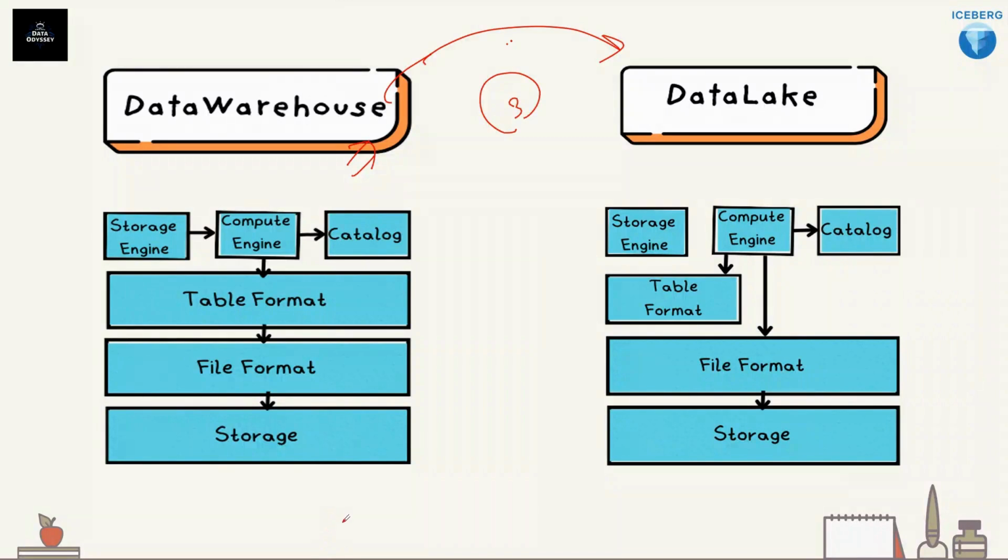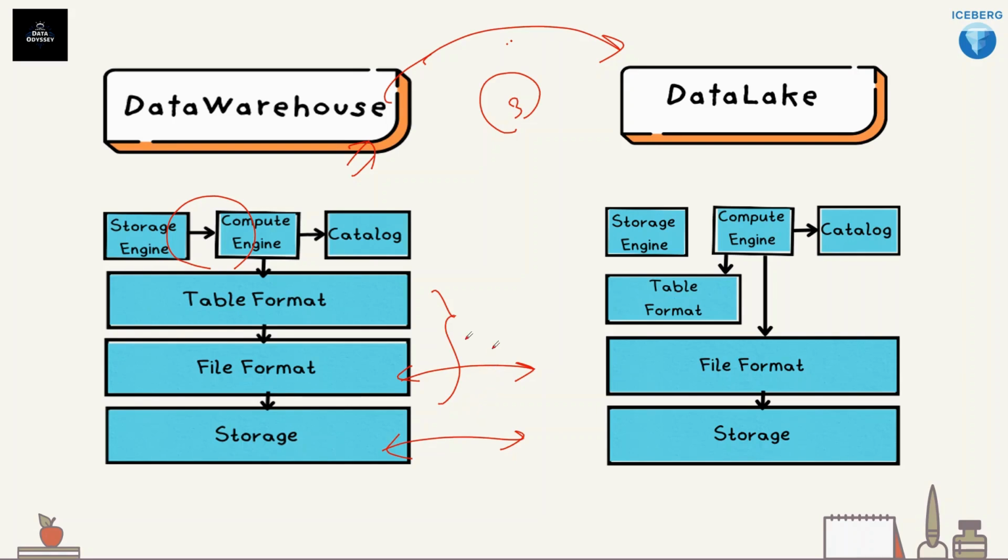What you need to identify in all these architectures is that these three blocks are the ones which have a major difference, and also this area. See, storage is present in both data warehouse and data lake. File format is there in both data warehouse and data lake, because you need a particular file format to store your data, right?